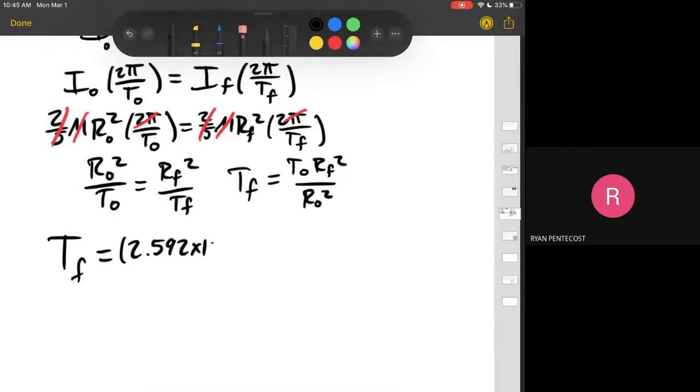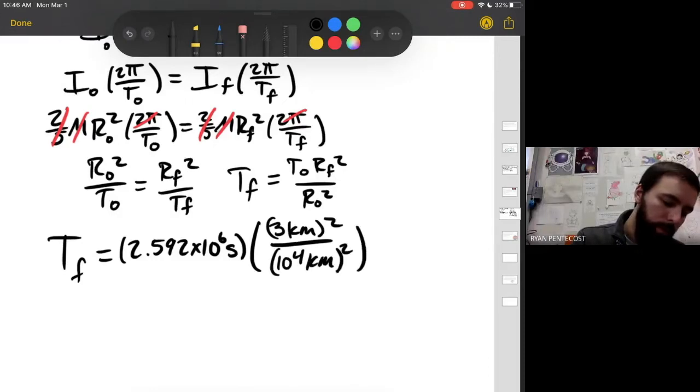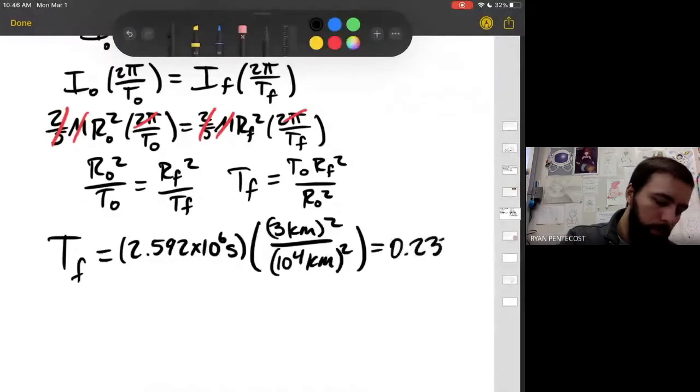Now we have this ratio. Our final radius is 3 kilometers squared divided by 10 to the 4th kilometers squared. And when you put that in your calculator, you are going to get 0.233 seconds.